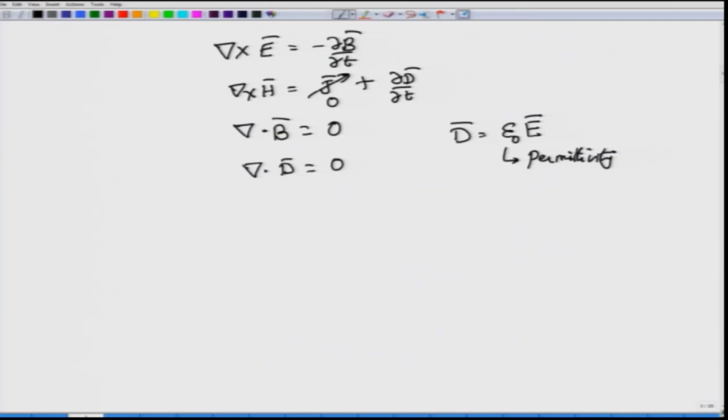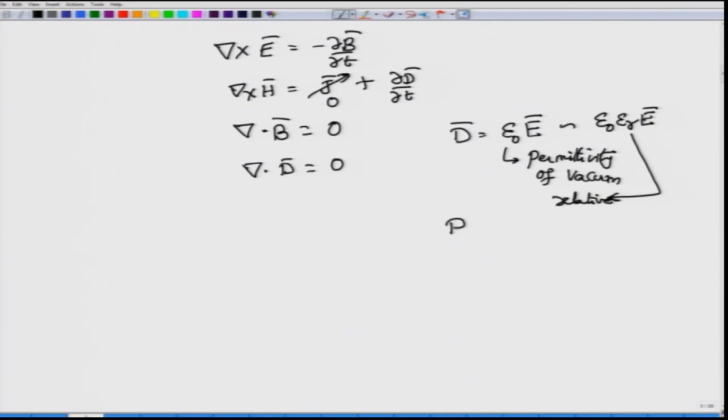If it is easily susceptible, then the permittivity will be very high, but epsilon naught is the permittivity of vacuum. Okay. In the material medium, you can rewrite this one as epsilon 0 epsilon r E, where epsilon r is called the relative permittivity, relative referring to vacuum. Okay. There are more detailed D and E relationships, some of which we will see in later parts of the course.